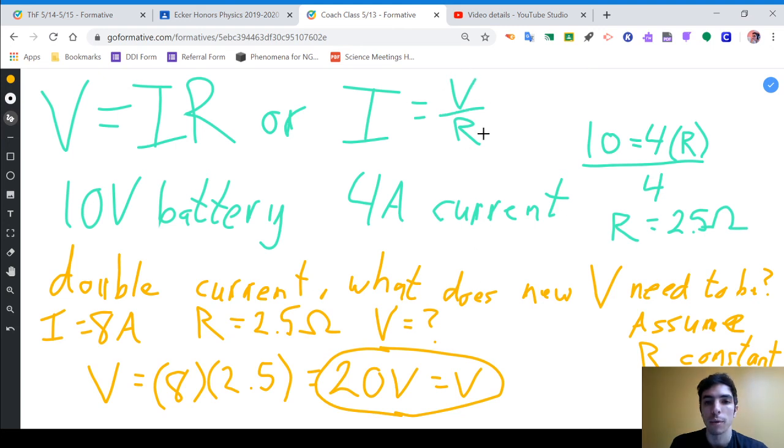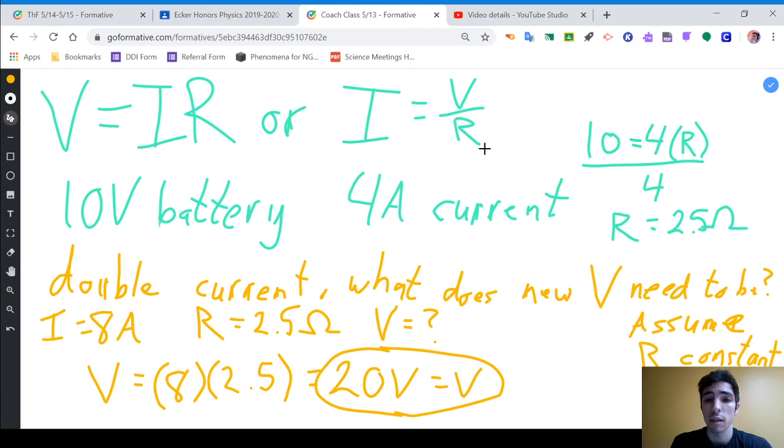If voltage doubles and resistance doesn't change, then current doubles. If voltage triples and nothing happens to resistance, then current is going to triple as well. If we cut this voltage in half, then our current will be cut down by a half as well.